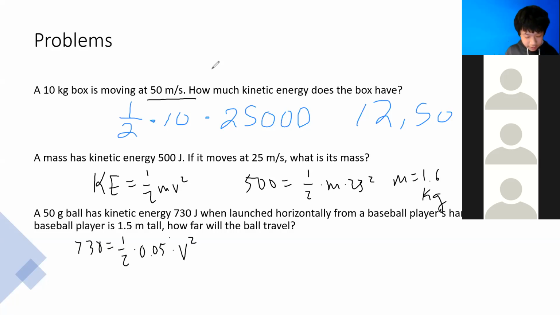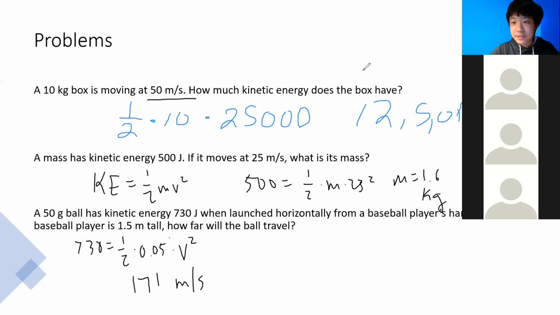So that's 730 times 2 over 0.05, and take the square root of that. It's going to be 171 meters a second. That is too fast. I don't think my questions are that realistic.